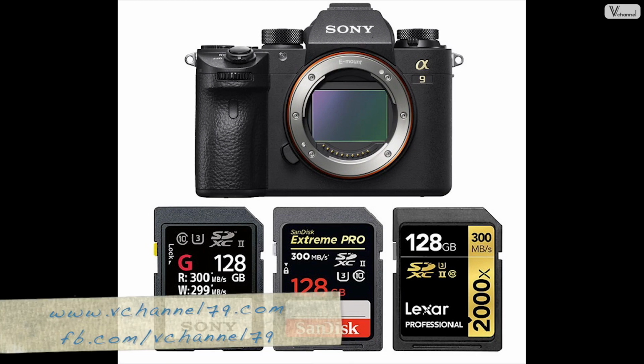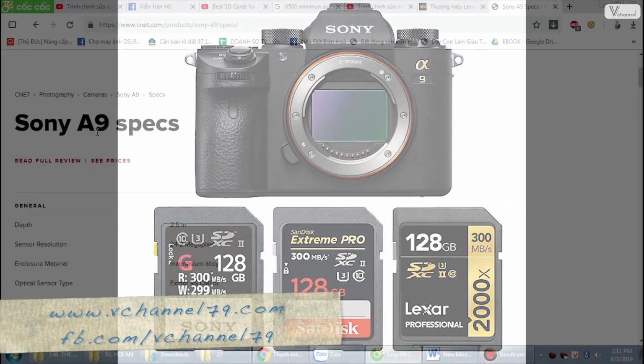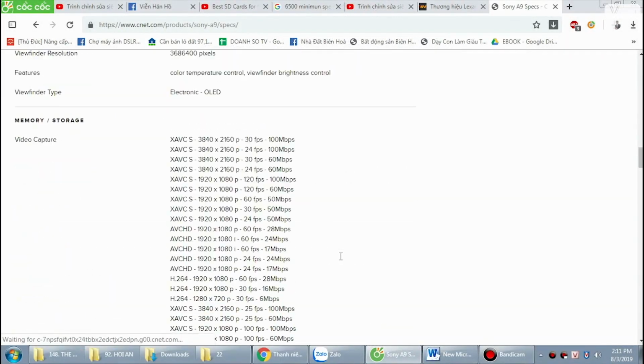You can see this camera has a write speed no higher than the previous camera, just 100 megabit per second or 12.5 megabytes per second. So the only advantage of equipping a UHS-II memory card over UHS-I is that the read speed is higher, so data transfers to the computer faster.